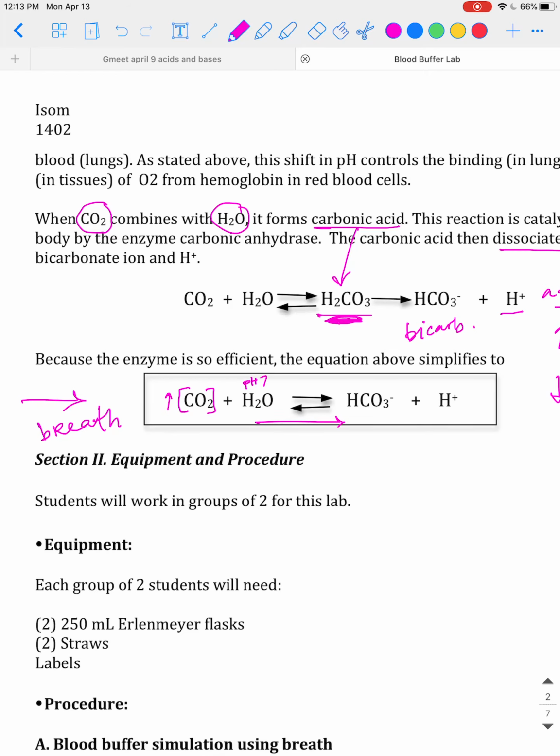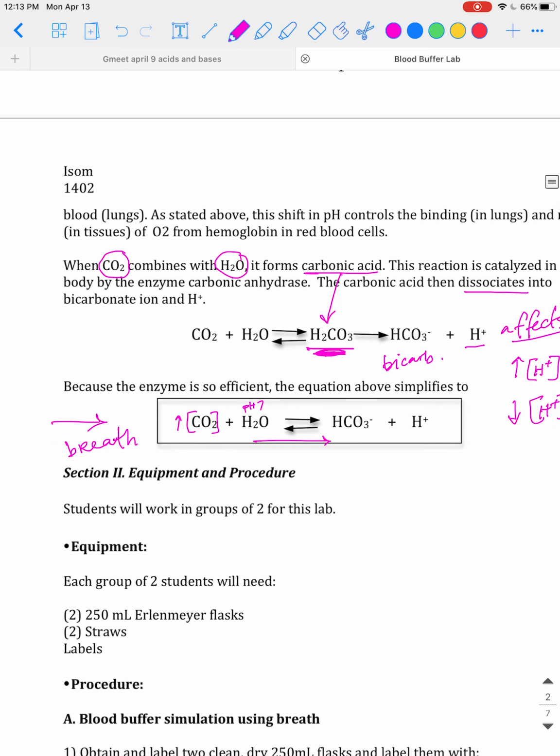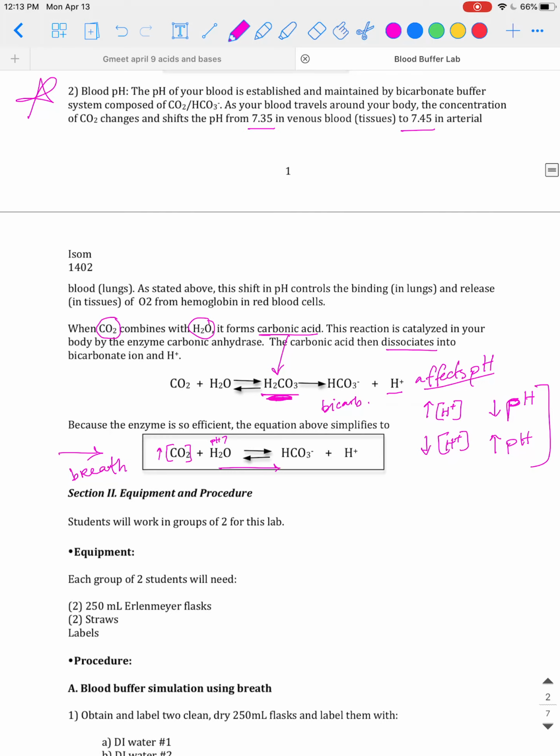Equilibrium will shift towards the products. That's what Le Chatelier's principle says. So when we breathe in our flask, we're going to create more bicarb and more H+, okay? Then that's going to drop pH. When we increase the concentration of H+, pH will drop. We've already said that, all right? Then what we're going to do is we're going to add NaOH.